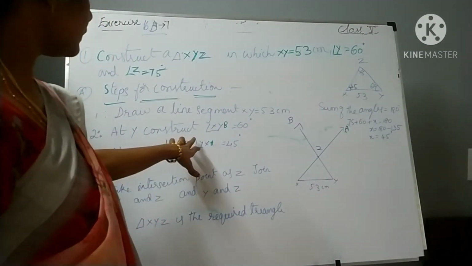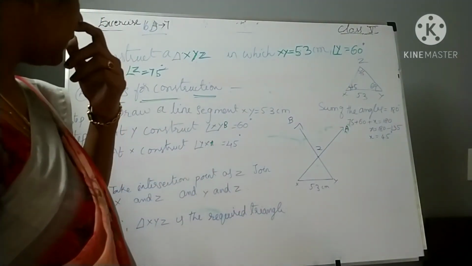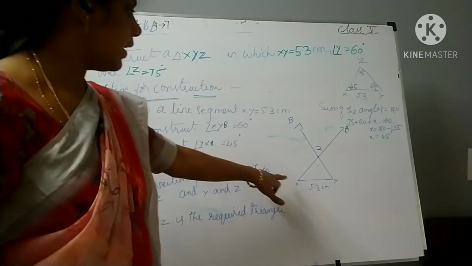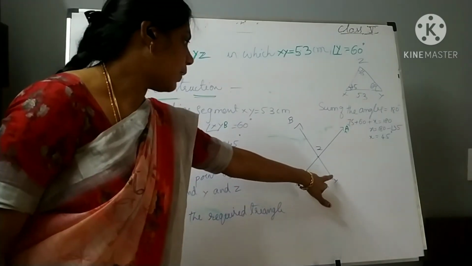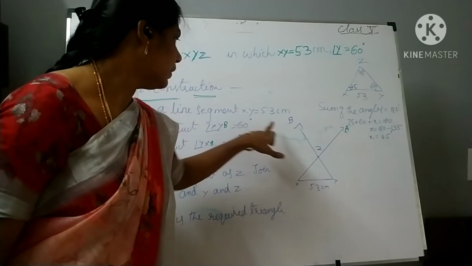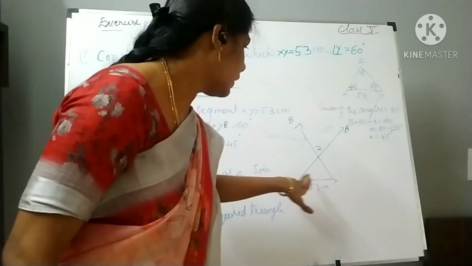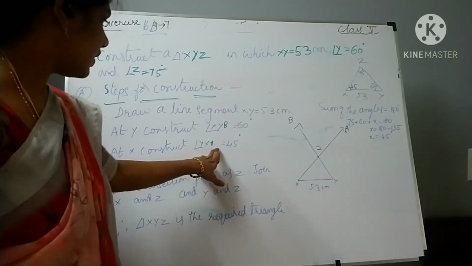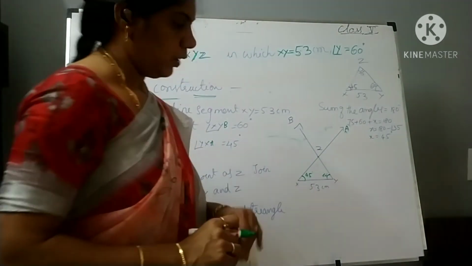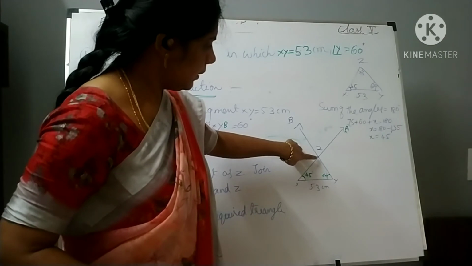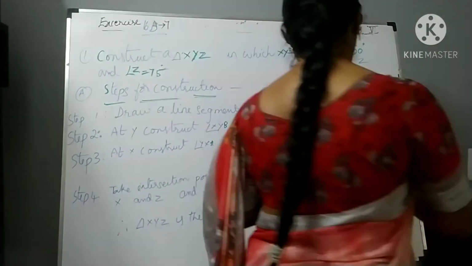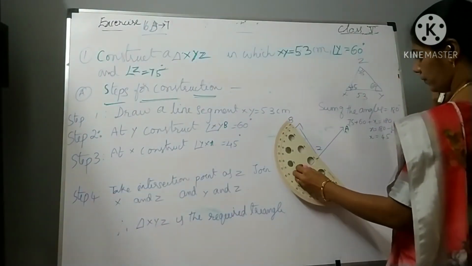Now see, so these rays. At Y construct angle XYB, that is 60 degrees, and at X construct angle YXA, that is 45 degrees. Now, if you want to measure this angle, you can measure it, and you have to get 75.